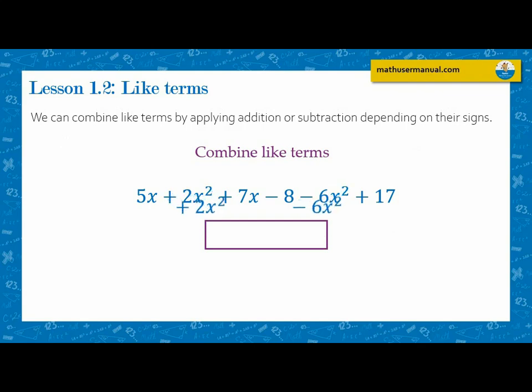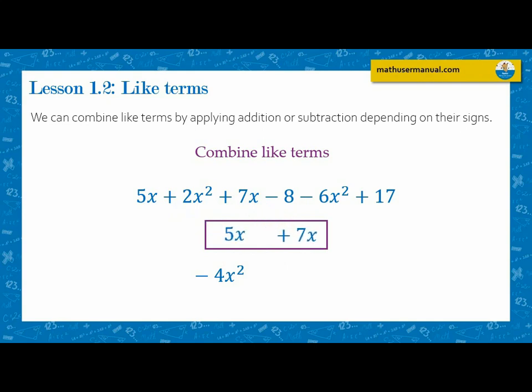We already know that the 2x squared and the negative 6x squared are like terms because they both have the variable x and they are both to the power of 2. We can combine them by simply adding or subtracting their numbers. They have a positive 2 and a negative 6. This is -4, and we keep the x squared. So for like terms, we keep the variable and the exponent, and we only add the coefficients.